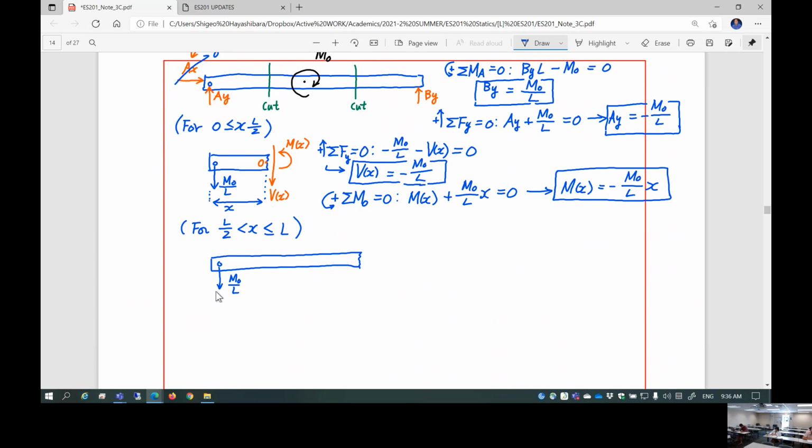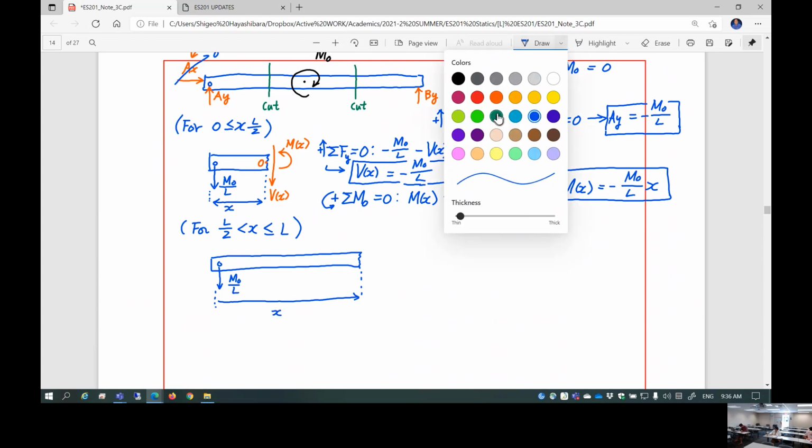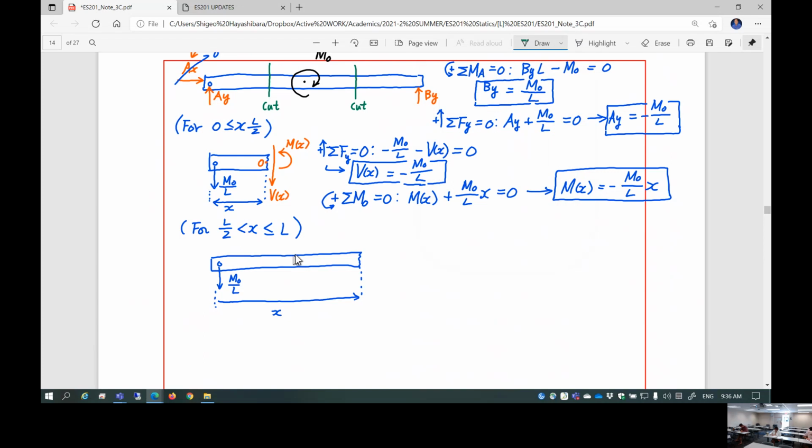Now I'm going to introduce an arbitrary distance X. Now X is in the range of half L to L. So this is still X, but remember, this function is valid only in this range.